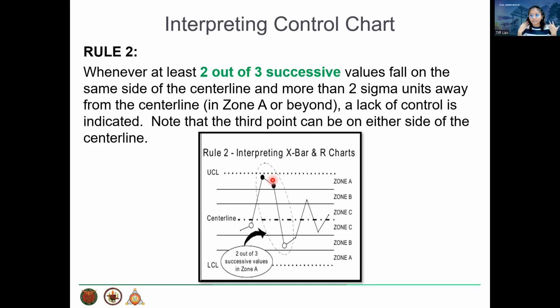Again, in simpler terms, if you have 2 consecutive data points in zone A, it is out of control. Any question?